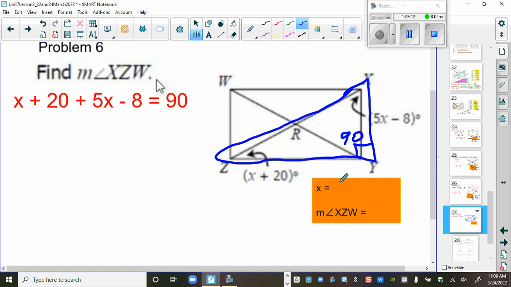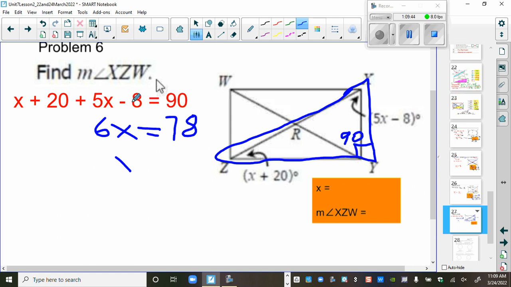X is 7. Yep. Yeah, you get 6. Wait, X was what again? Okay, 20 minus 8.